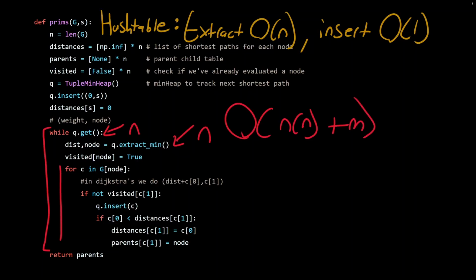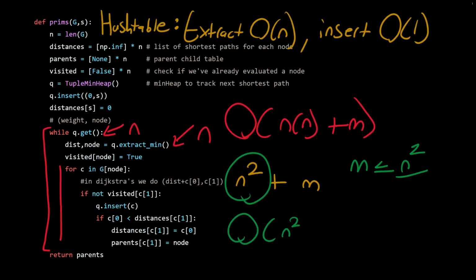And that's going to turn out to n squared plus m. And we know again that m is less than or equal to n squared. But often in practice, it's not going to be n squared. So really, we can just take this n squared. So the runtime of the hash table algorithm is going to be big O of n squared.